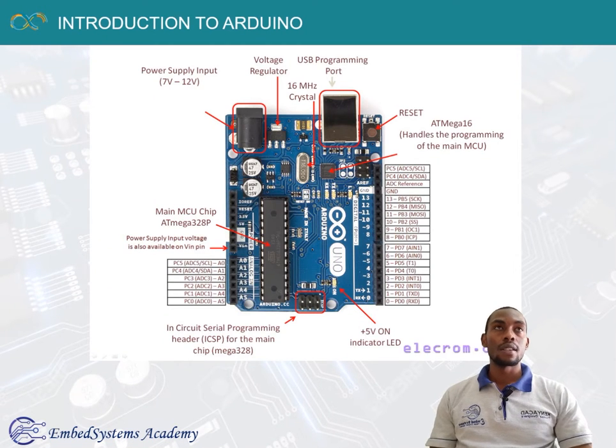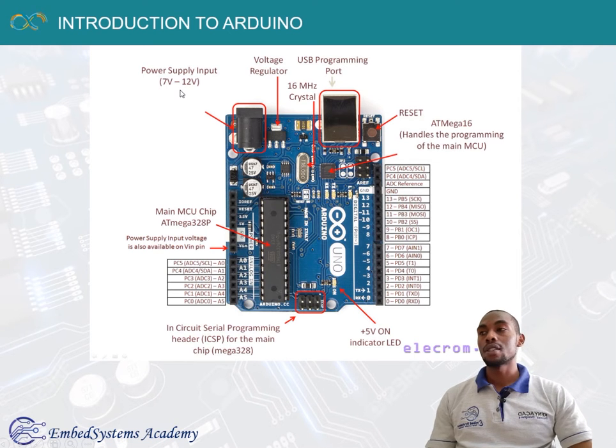So this is the Arduino Uno board, and according to the labels, we have the main chip, that is the Atmega 328P, for the Arduino Uno. We have the power system, where we power the board from. You can power the system with 7 to 12 volts, and it has a voltage regulator.